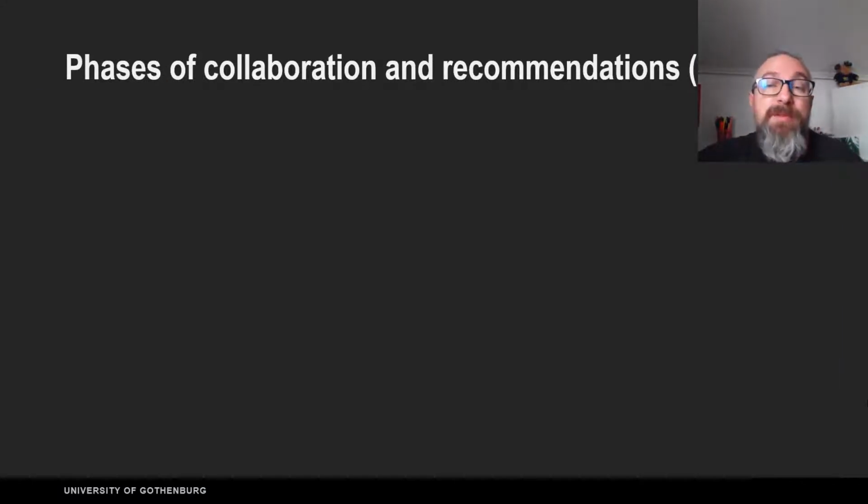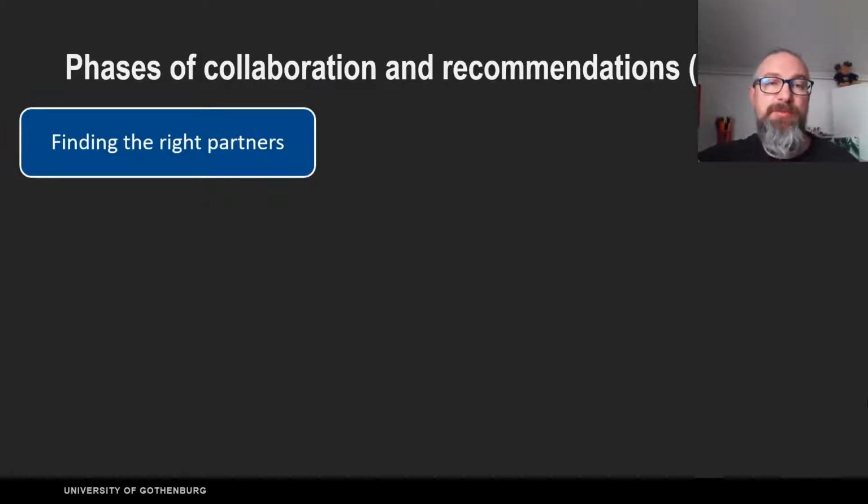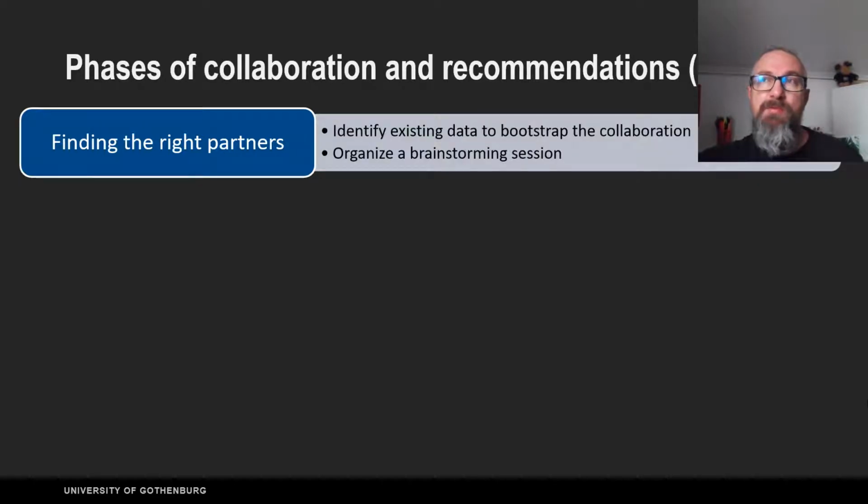Now, some of the recommendations we would like to give you when you start working with these kinds of collaborations are described in phases. So the first phase is finding the right partners. Now, that sounds of course very easy when you already have a partner, but finding the right partner is really an interesting story, because what you want to do is get results for both domains.